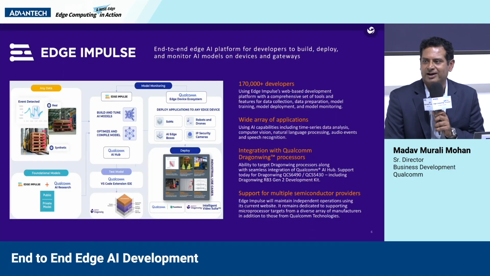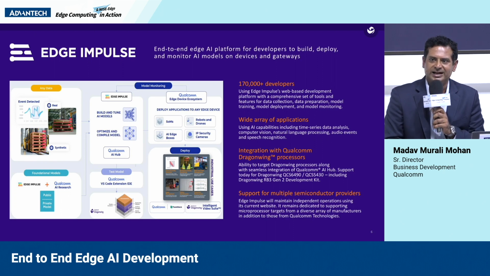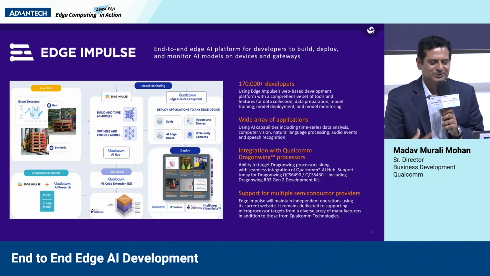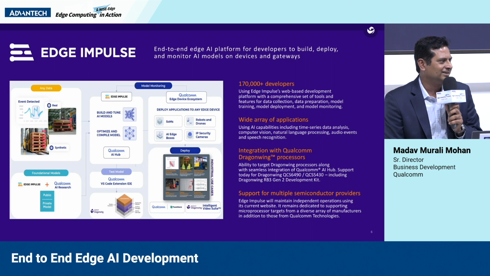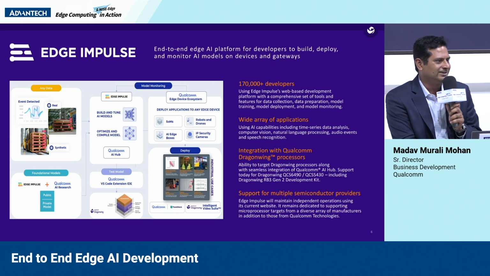Absolutely. So, we are very, very excited about having Edge Impulse within the Qualcomm family now. Edge Impulse, as I mentioned before, is an end-to-end Edge AI development platform. It is so popular that when we started writing this slide, maybe 2-3 weeks ago, we were still at 170,000 developers.